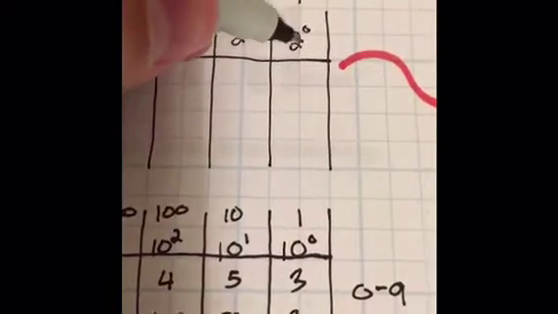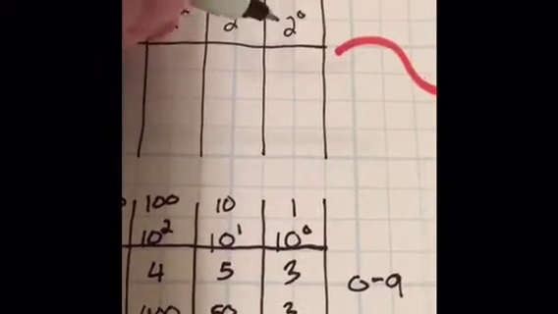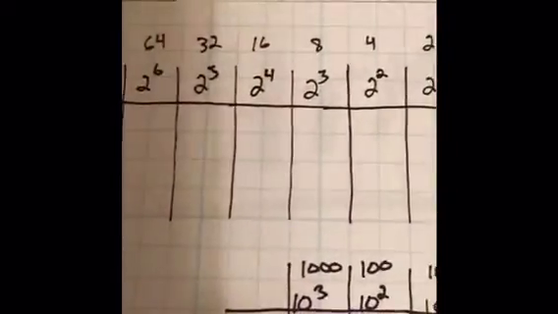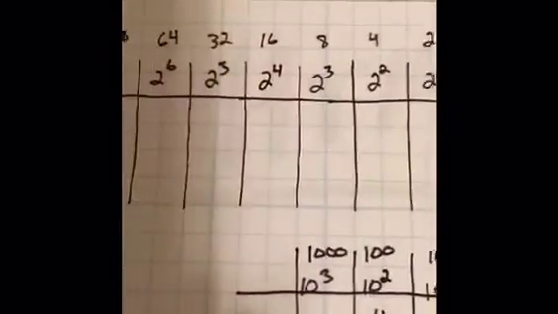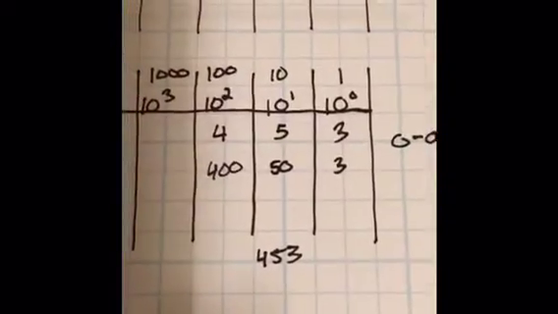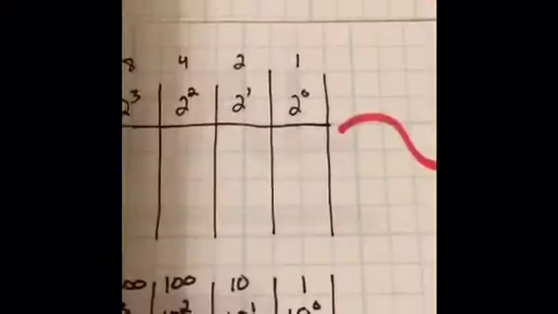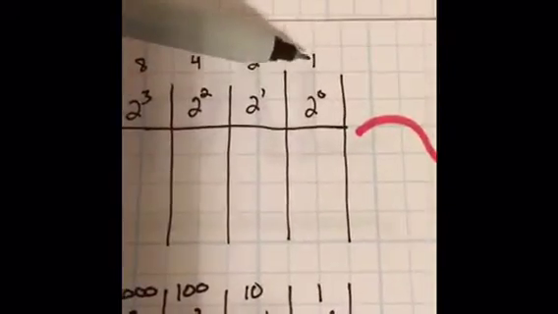Now, a transistor only has 2 things. It can either be on or off, so it's base 2 that it has to use. And so we have to use binary. It's the same concept, except instead of powers of 10, it will be powers of 2. The easiest way to remember is it just doubles.